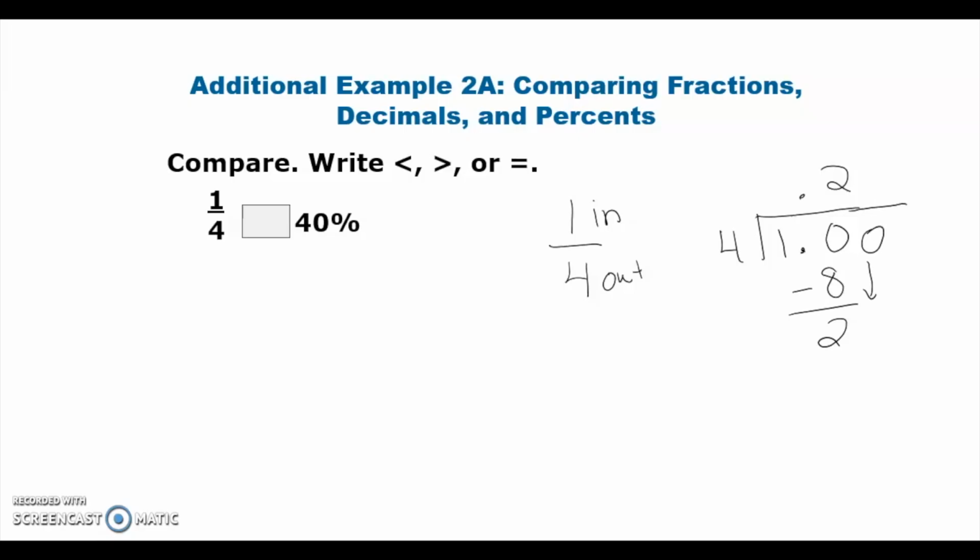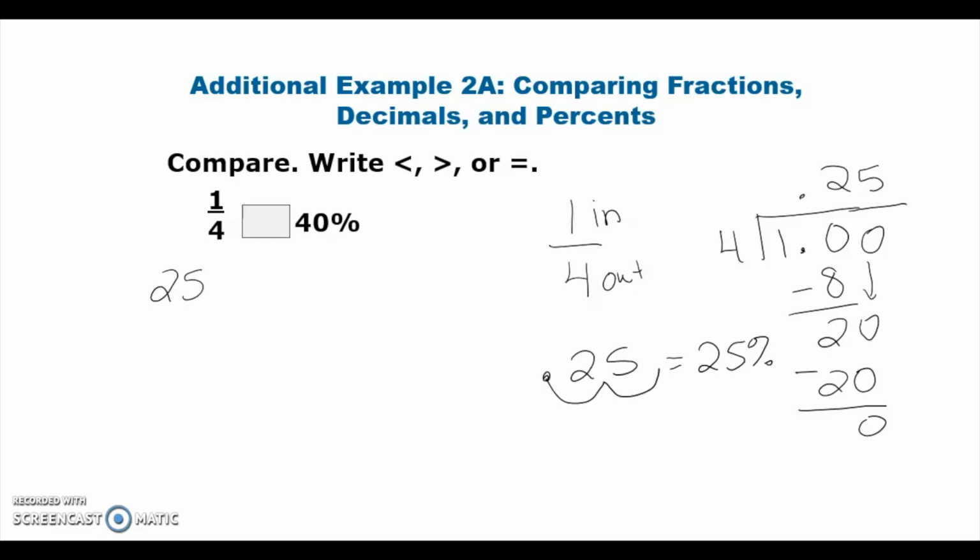We add another 0 and continue. 4 goes into 20 5 times, which is 20, and now we're done. So we would take our decimal, 0.25, and we would move it over 2 spaces to get 25%. So this is the same as 25%, which we know is less than 40%.